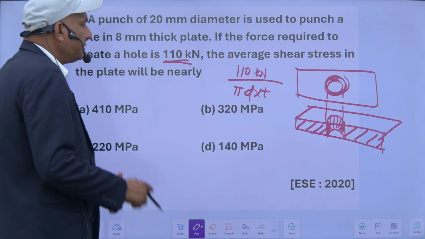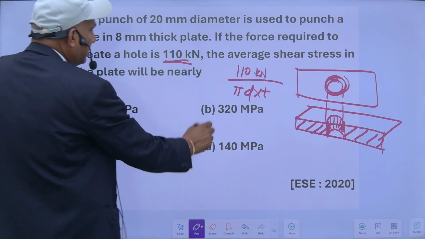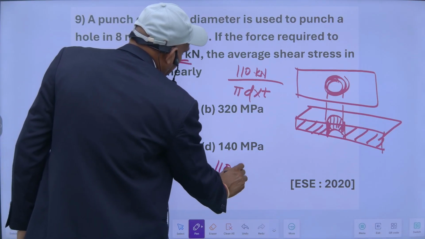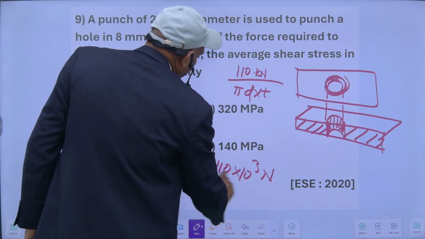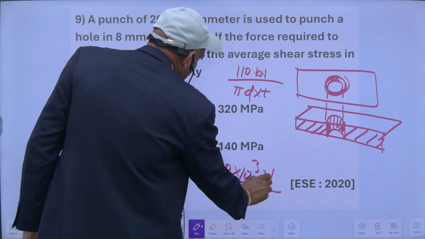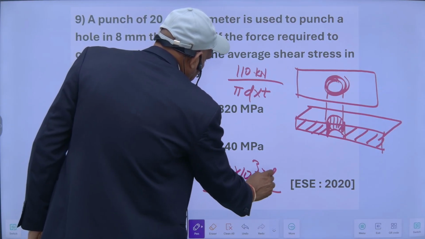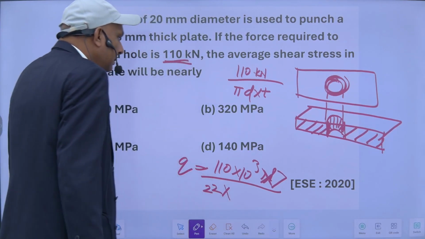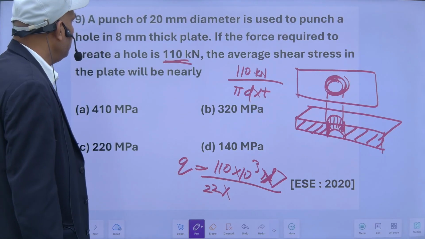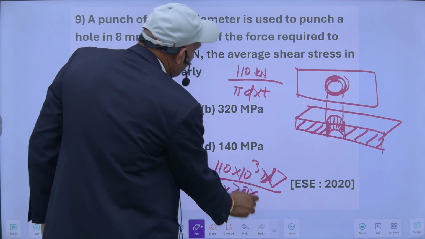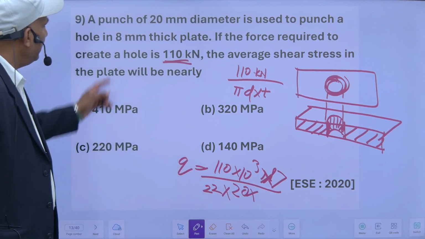So this Q will be 110 multiplied by 10 to the power 3, in Newton, upon pi d, meaning 22 upon 7, into d. D is the diameter of the hole, 20 mm, into its thickness. Thickness is 8 mm.